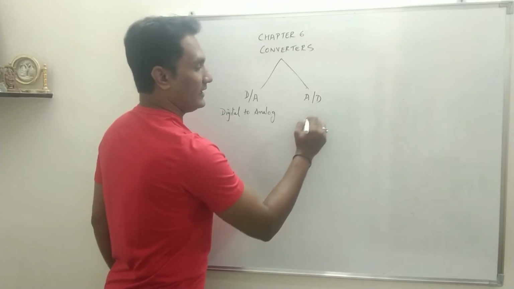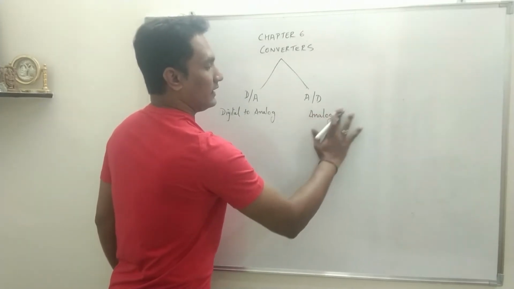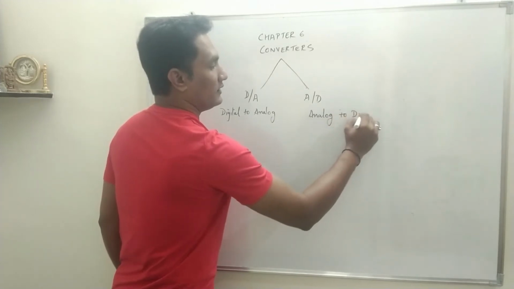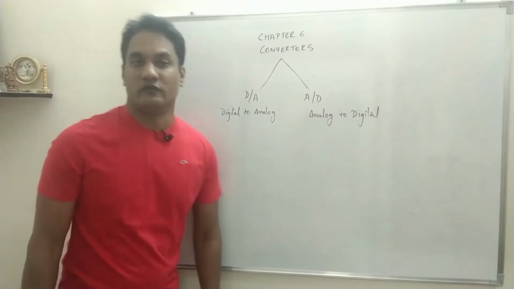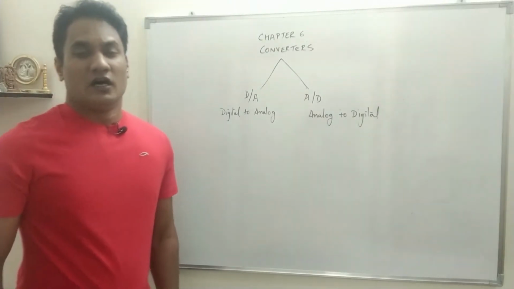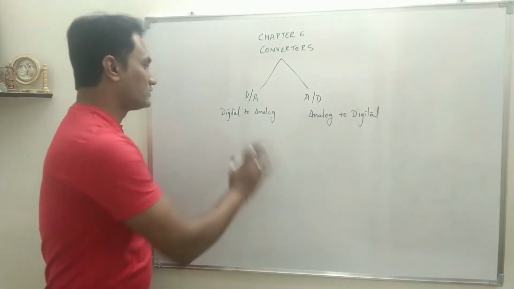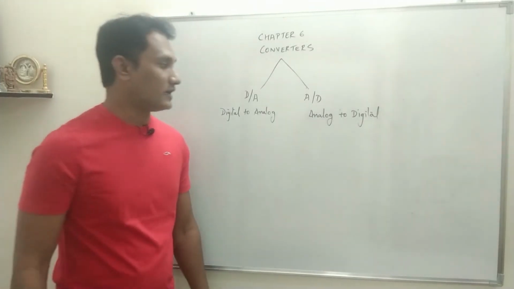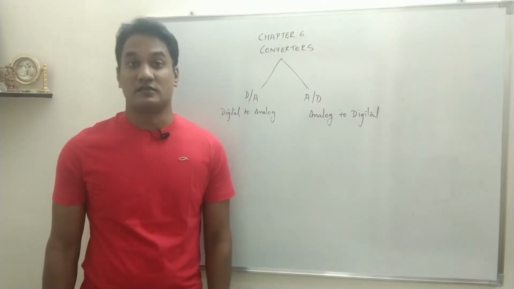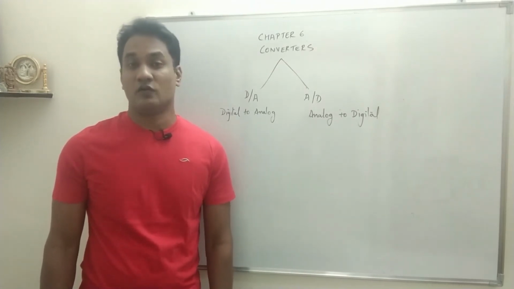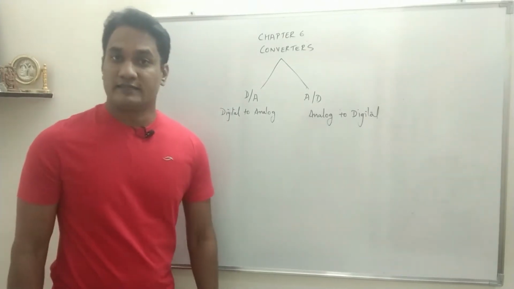And if you say A to D, it is analog to digital converter. This chapter is very small and we have only 5 circuits, 2 circuits of digital to analog converter and 3 circuits of analog to digital converter. So that's all, and this chapter will have a weightage of around 15 marks. So it is very, very important with respect to your exams.